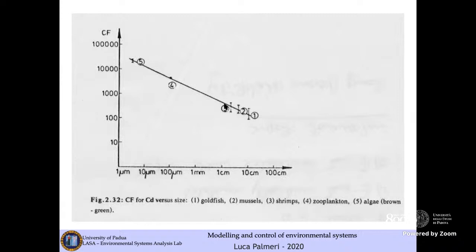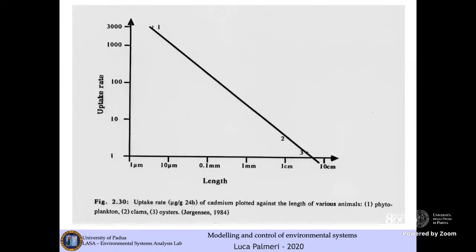There is another way of estimating the initial value of parameters for your model. We have a similar case, for example, this is uptake rate, micrograms per gram every 24 hours of cadmium, plotted against the length of various animals.